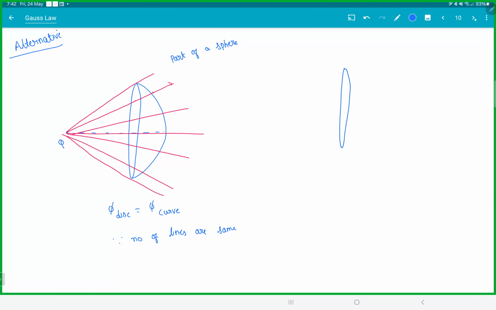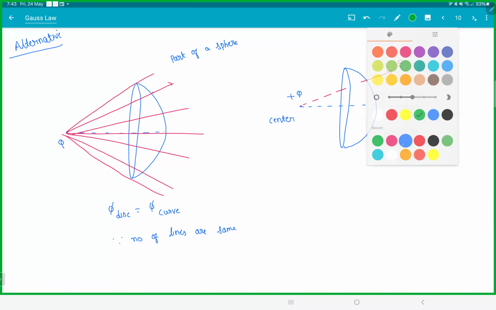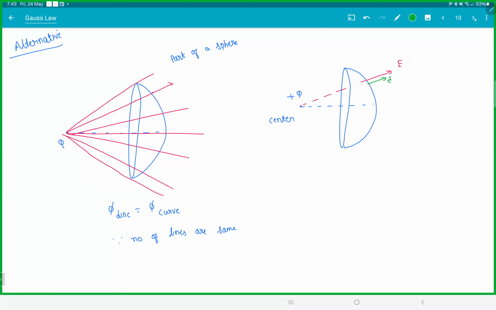So this was a part of a sphere, and this point charge q was at the center. If something is at the center, then you're done actually. At any instant, this is the field, and from the center the area vector is also this thing.